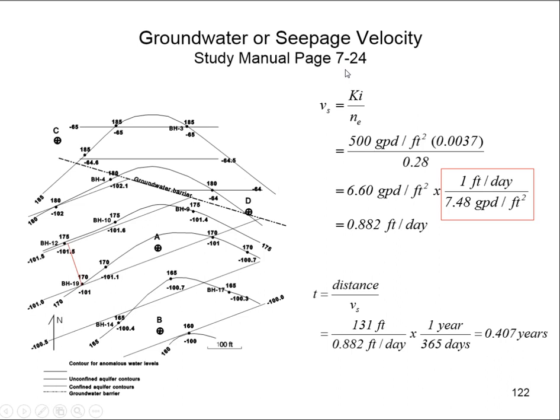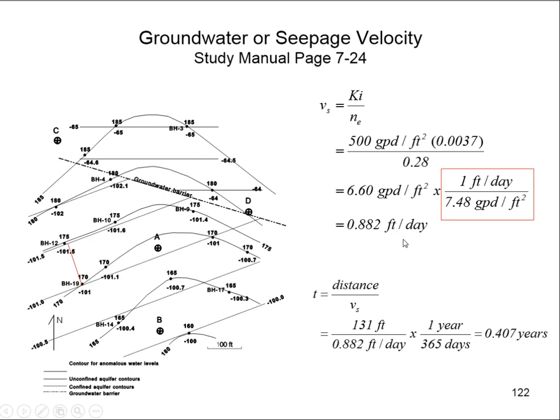Okay, let's do a groundwater or seepage velocity question where we have that equation here, Ki over n sub e. We're given the hydraulic conductivity, we've calculated the gradient, and we're given the effective porosity. So we end up with something in gallons per day per foot squared, which I said I don't like.